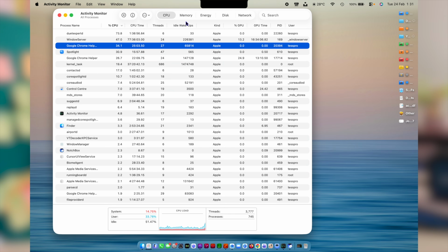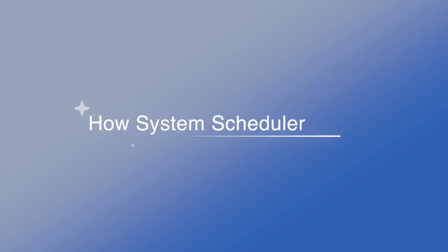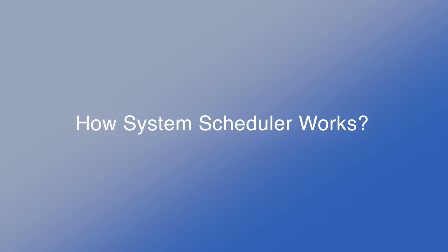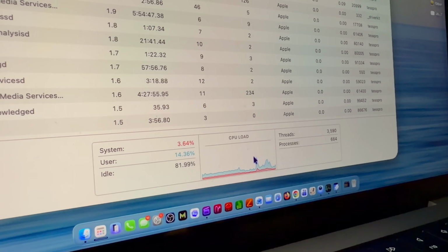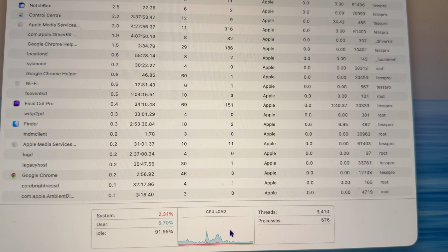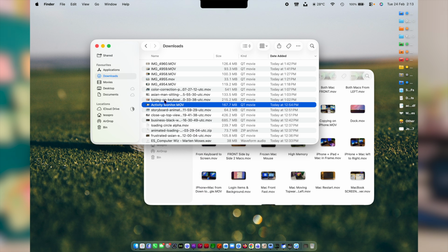This is resource allocation on macOS, and it changes constantly. While we are talking about the CPU scheduler, it is important to understand how it actually works. macOS uses a scheduler to manage CPU time. Every running process gets a turn, but not every turn is equal.